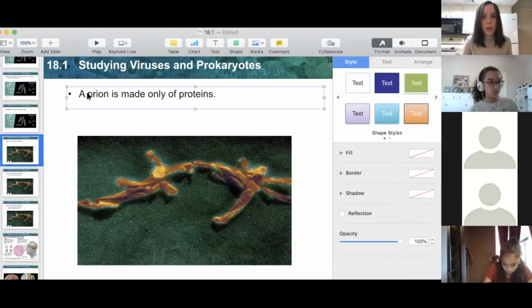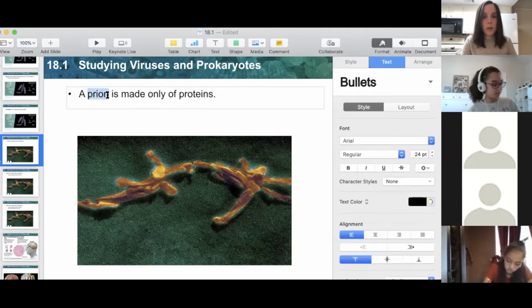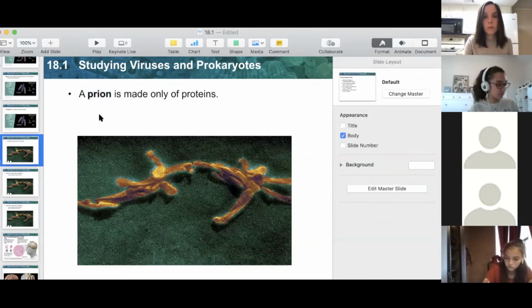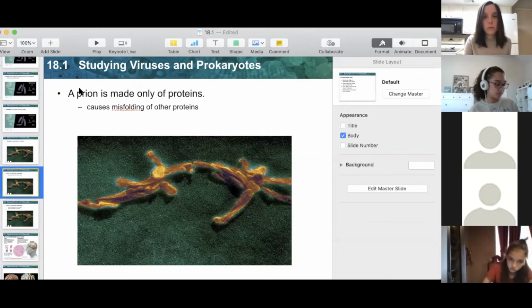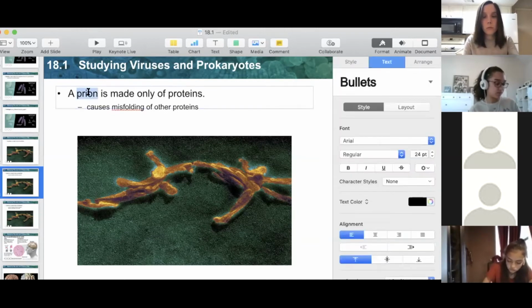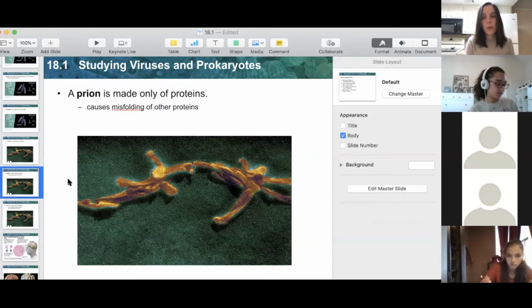Okay, the other thing on that diagram was a prion. And a prion is made only of proteins. What a prion does is it causes other proteins in the body to start to misfold.